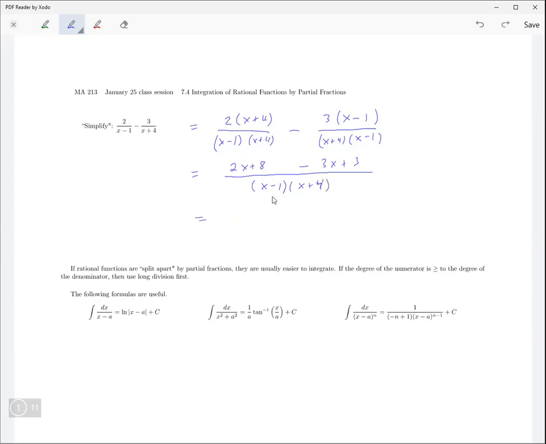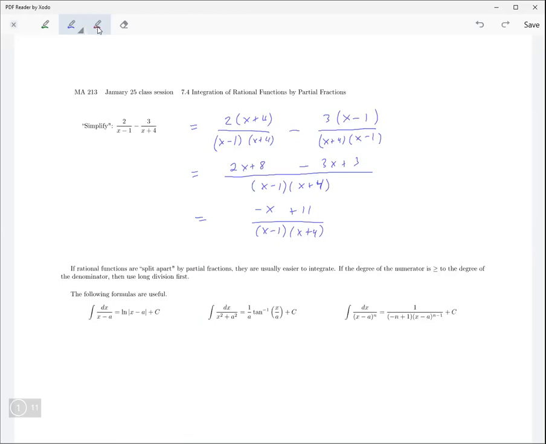And then you get, so 2x minus 3x is negative x, and then 8 plus 3 is 11. Okay, and then you might expand these out right here, or you might just leave it like that.